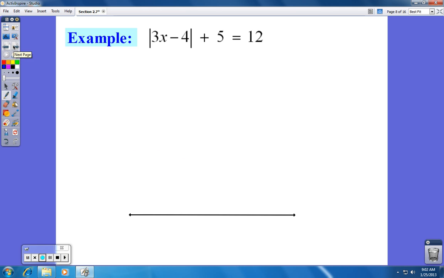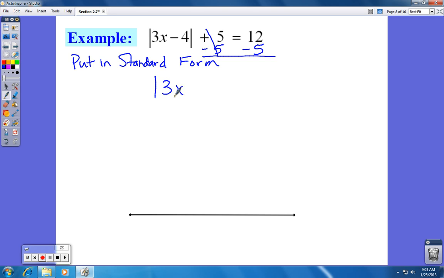We'll look at one more example here. This particular absolute value is not in standard form, so we're going to put it in standard form. To do that, we want the absolute value to be by itself, so we are going to move the positive 5 over to the right by subtracting, which gives us an absolute value of 3x minus 4 equal to 7.